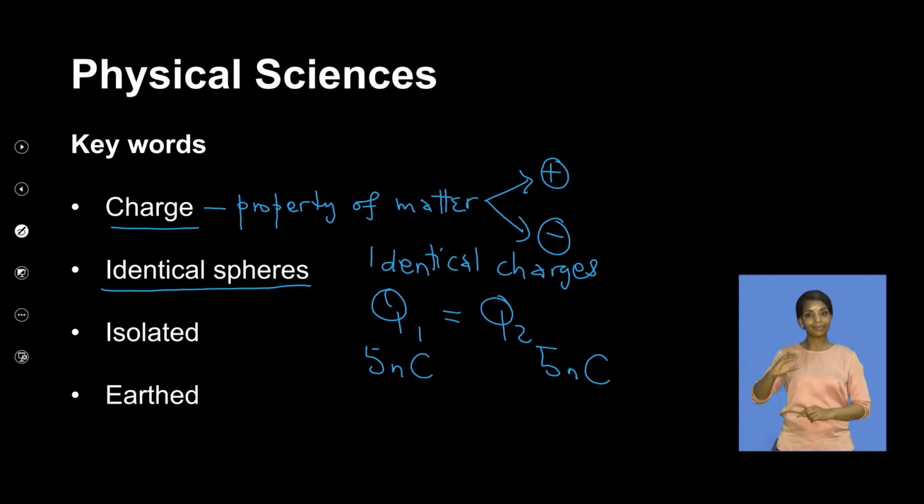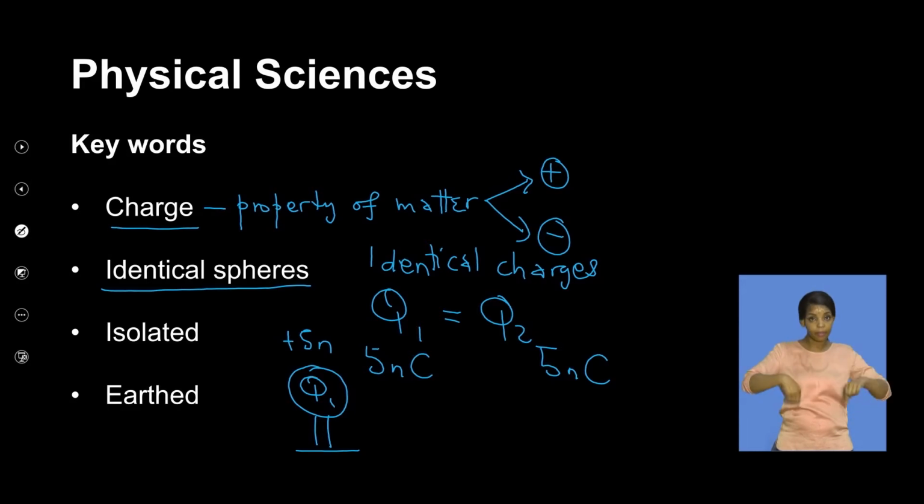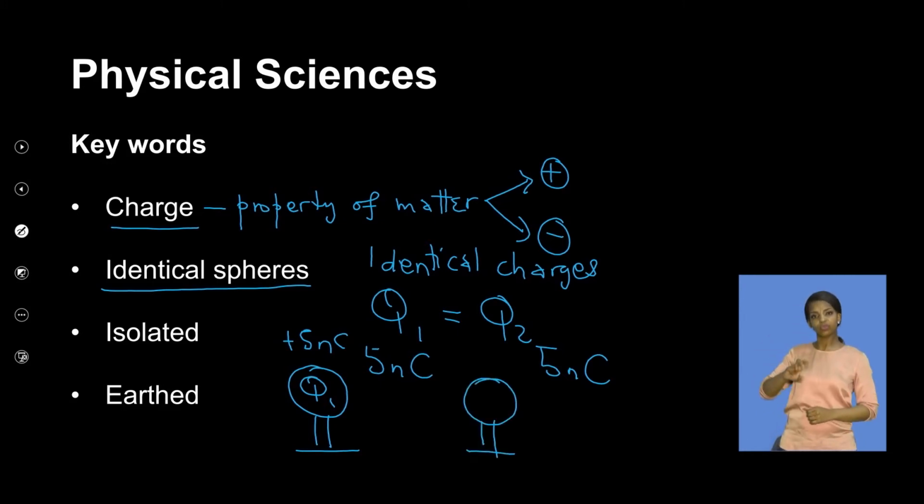But these identical charges may be on an insulated stand, okay? So let's say that's plus 5 nanocoulombs, okay? That's our Q1, okay? So if we say this is an insulated stand, already we are talking about the physical properties of materials. We're saying that the only amount of charge that we have here is plus 5 nanocoulombs, which is carried by this sphere Q1. And then if we say, for argument's sake, we've got another one, we call it Q2, okay?